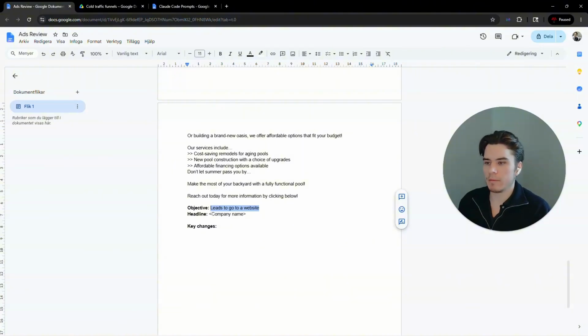And so what you risk is that when the lead arrives on your website, they will see all of these buttons, all of this text, all of this content, and get immediately overwhelmed.